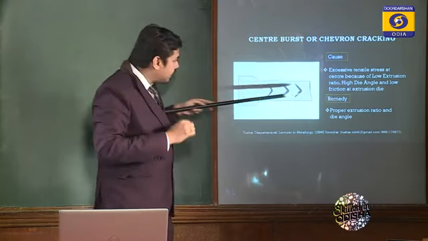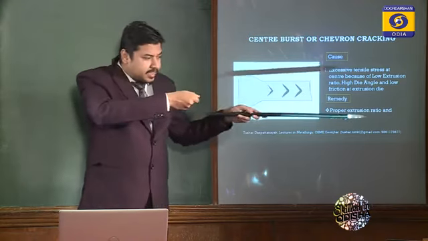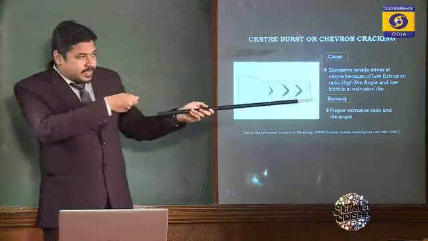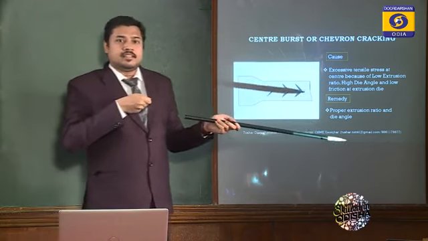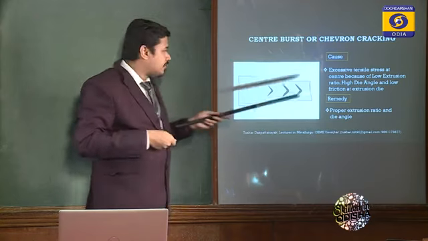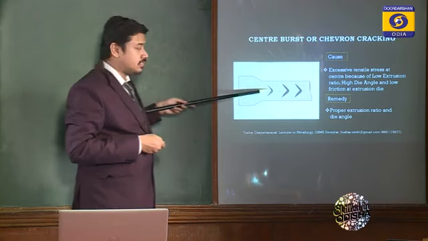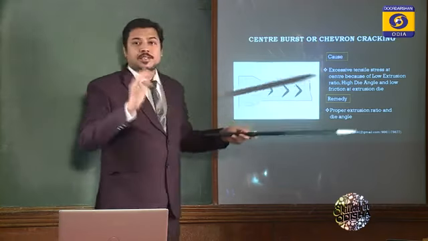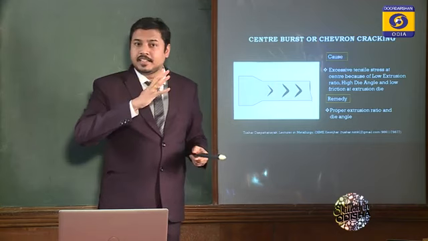The center develops tensile stress. There will be a stretching kind of effect generated at the center. Eventually it will form V-shaped cracks. What will the remedy be? Extrusion ratio should be proper, die angle should be proper. We understand? The 4 defects we have studied.